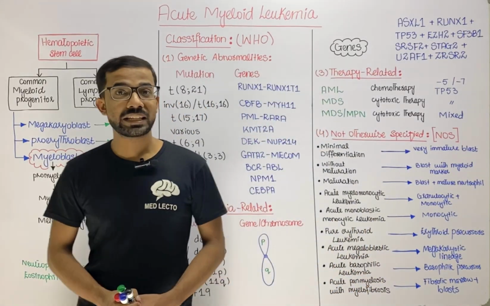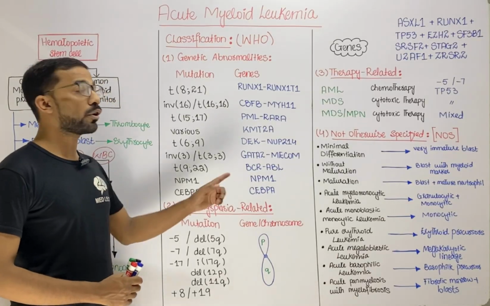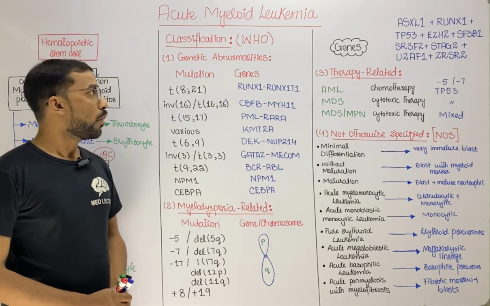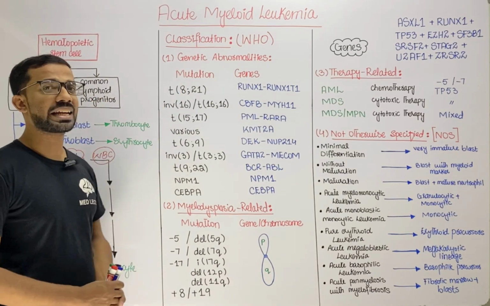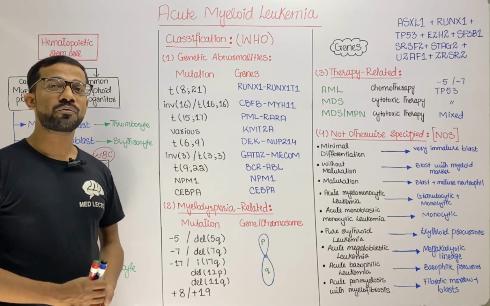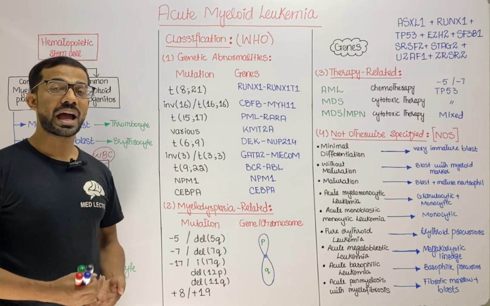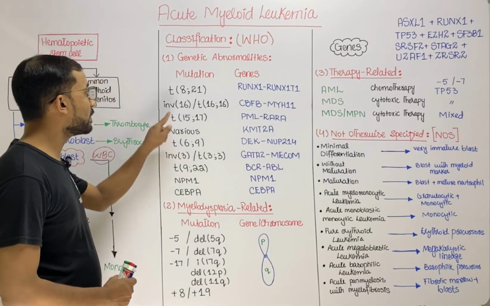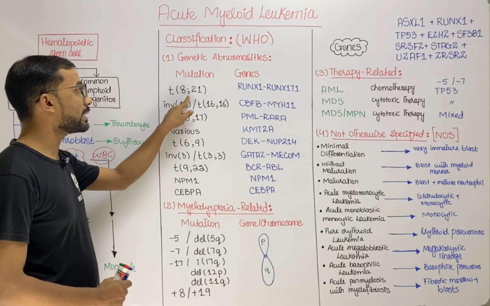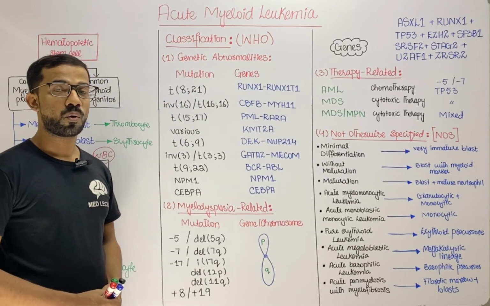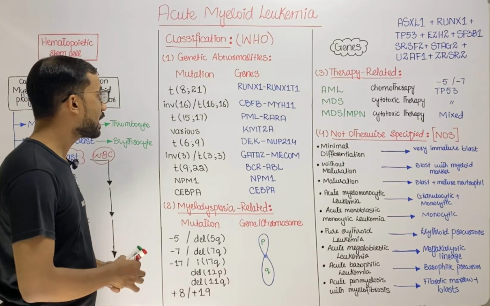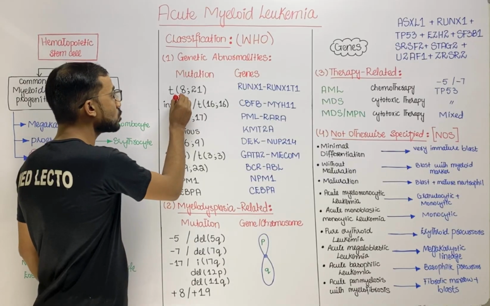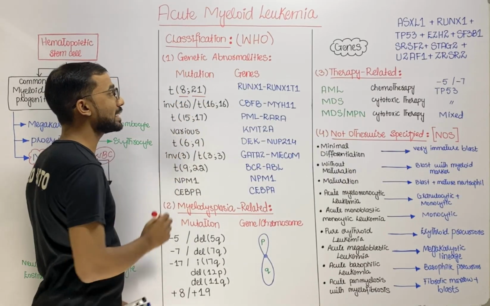Next, we will look at the classification according to the WHO, World Health Organization. First is on the basis of genetic abnormality, what type of mutations happen, and as a result you will see the AML, acute myeloid leukemia. First you will see the t(8;21). What does it mean? It means translocation happens between chromosome 8 and chromosome 21.